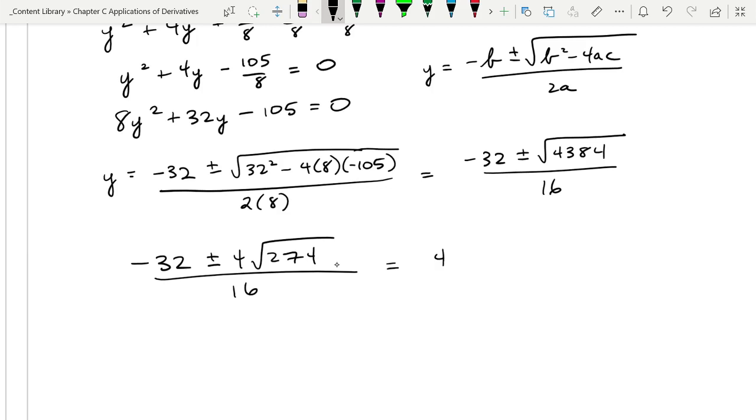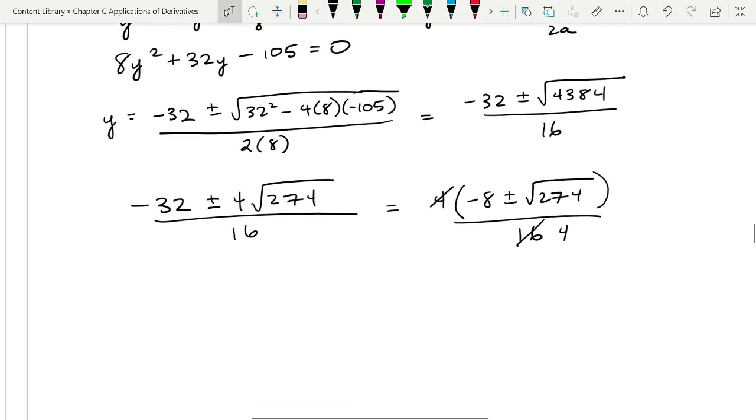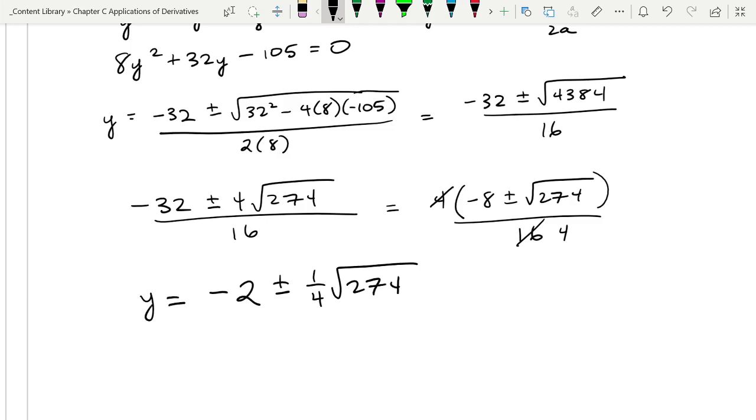So take the 4 out, and you have negative 8 plus or minus root 274 all over 16, and then 4 goes into 16 4 times. And then I think for my final answer, I'll just divide both of these things by 4. So I have negative 2 plus or minus a quarter of root 274. So there it is. Those are the two y values.